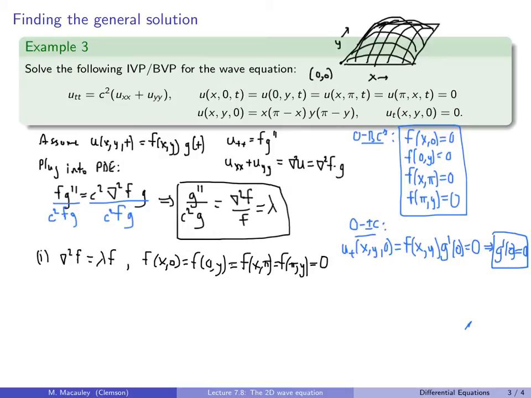So that is the Helmholtz equation, and remember we solved that in the last lecture. We took a 12-minute detour or so, and then we solved this. So we know the solution, and we don't have to do it again.